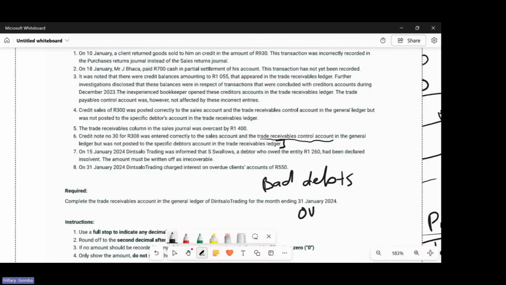Because imagine overstating your profit, only to realize that only 30% of the people paid, the rest didn't, and 10% can't even pay you, they're broke. So it's rather safe to underestimate your profit and estimate your bad debts, so that it gives you a heads up. You say, from the amount of goods that we sold throughout the year, we think a certain amount of this we may not receive due to bad debts.